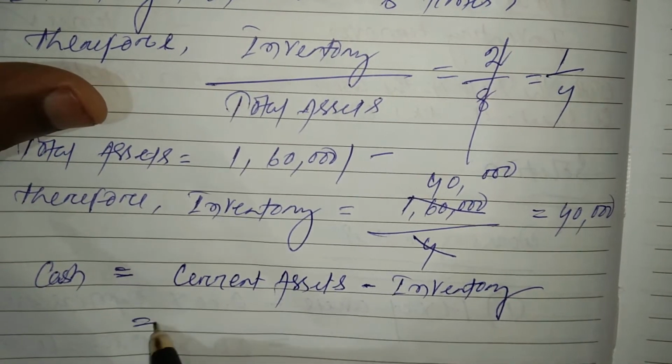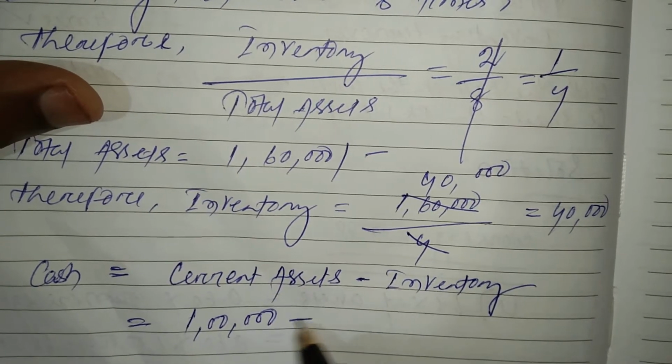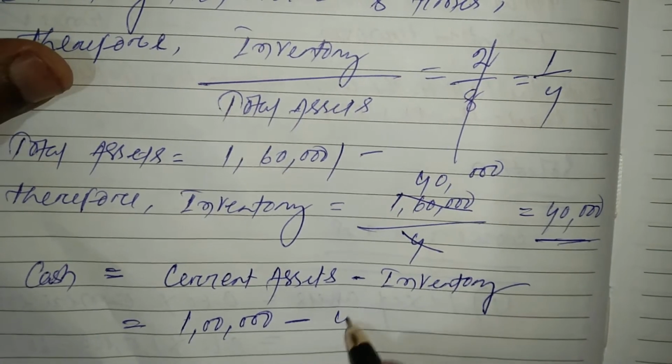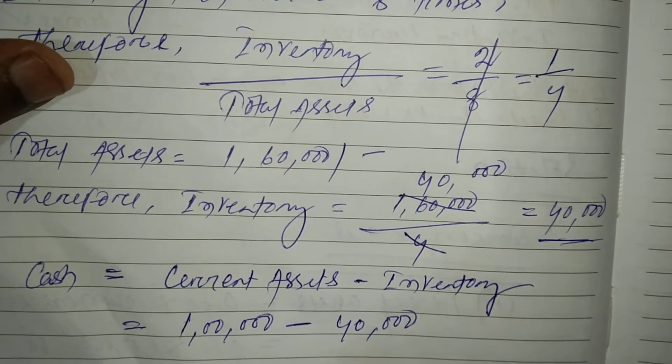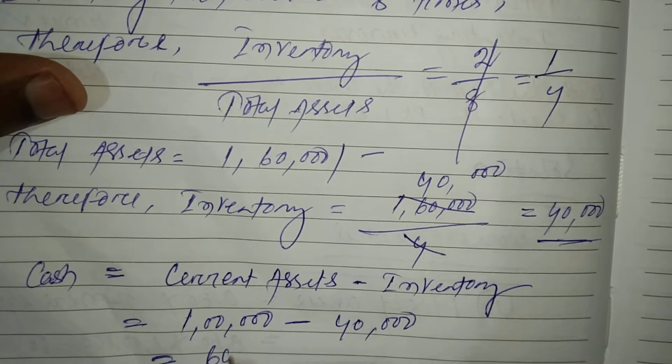So here we obtain current asset 1 lakh, and we have already obtained inventory, that is 40,000. Okay, so now cash is equal to 60,000.